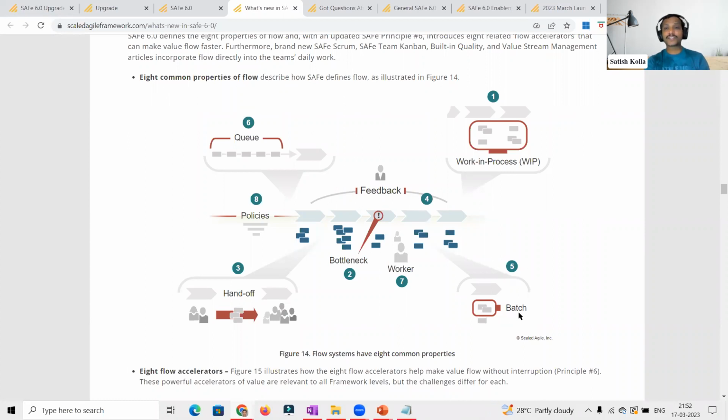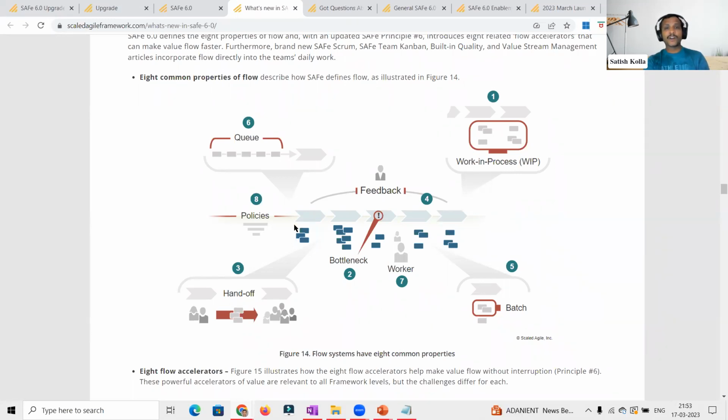The fifth is the batch. How big is your batch? Is it a small batch or a big batch? Reduce the batch size. Principle number 6 in version 5 or before said: reduce the batch size, limit the WIP. Right? So that's what they're trying to highlight as part of these common properties of the flow.